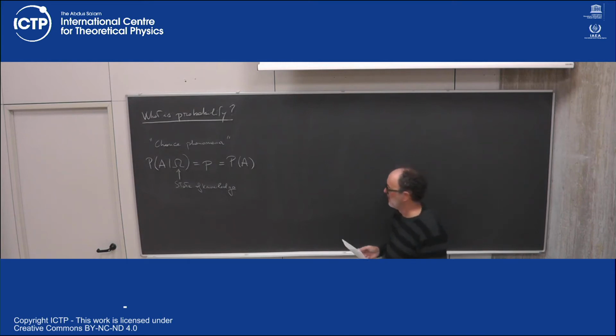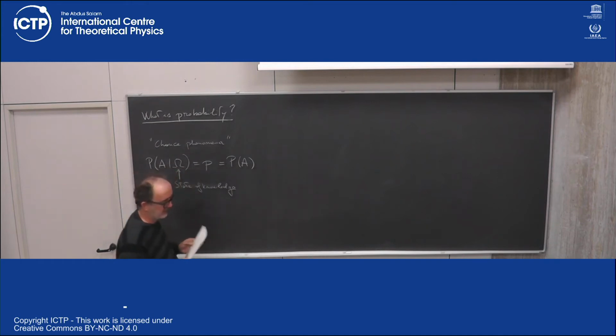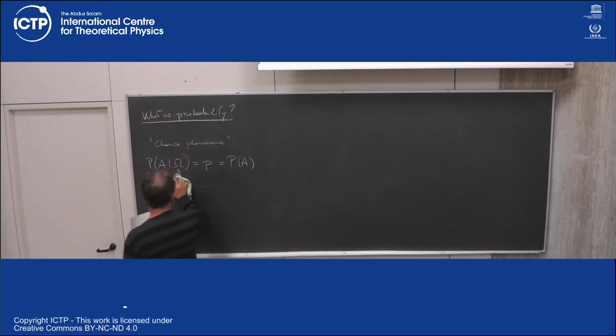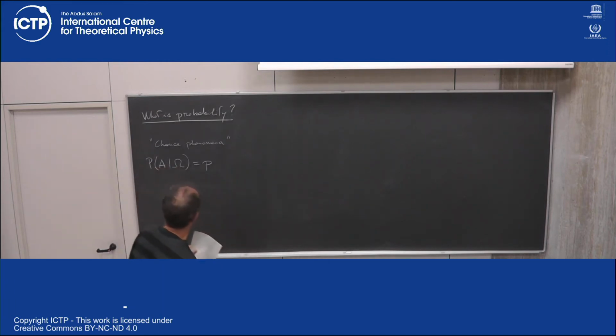Okay? Okay, so how do we define probability then? Okay, so one classical way of thinking about probability is as the limit of the frequency.